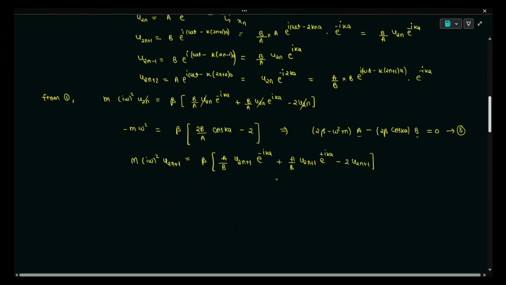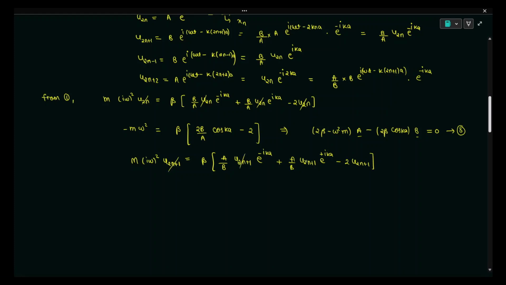So now I can simplify this by just cancelling out this u 2n plus 1 on both sides. So what I will get is minus capital M omega square will be equal to, and I can take common out this b from denominator, so this becomes beta a common out, and then this will form again cos, so that will be 2 cos ka minus 2b.